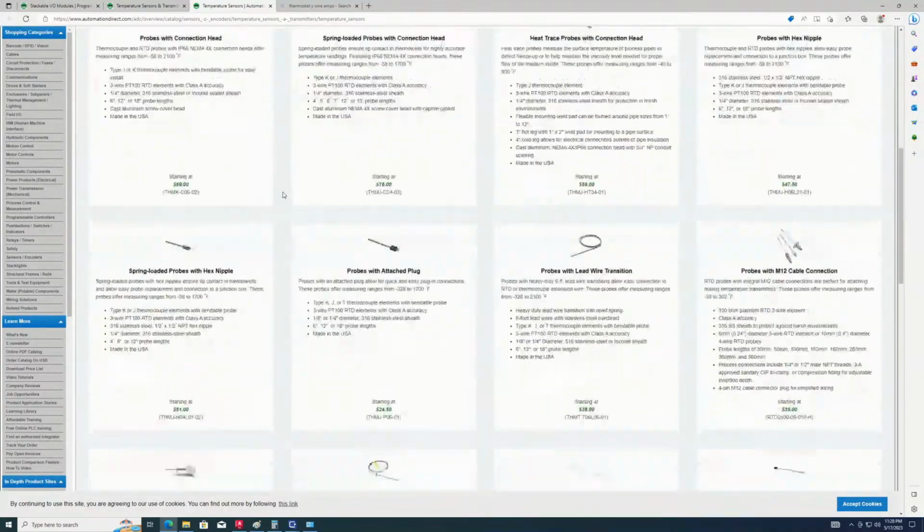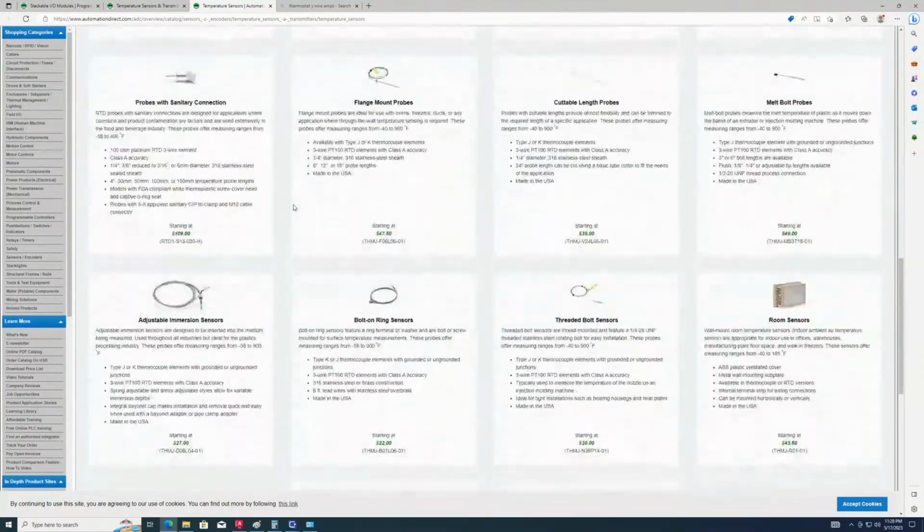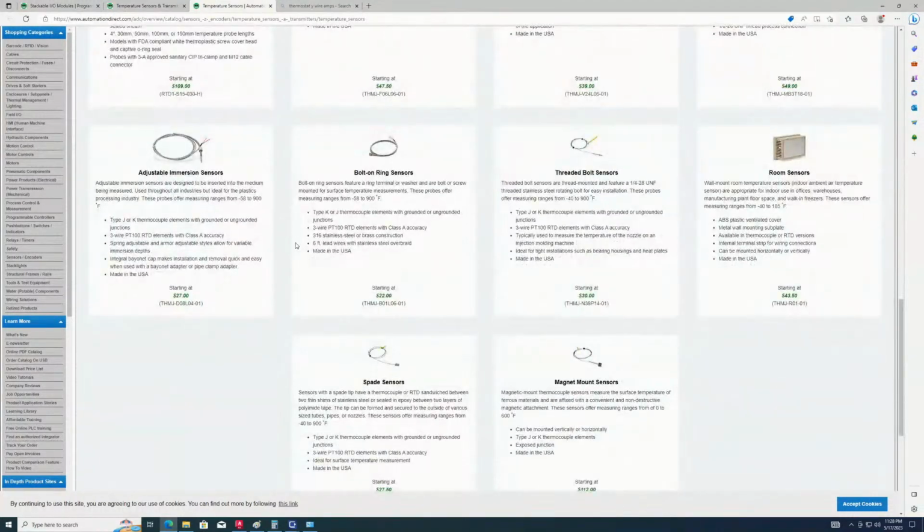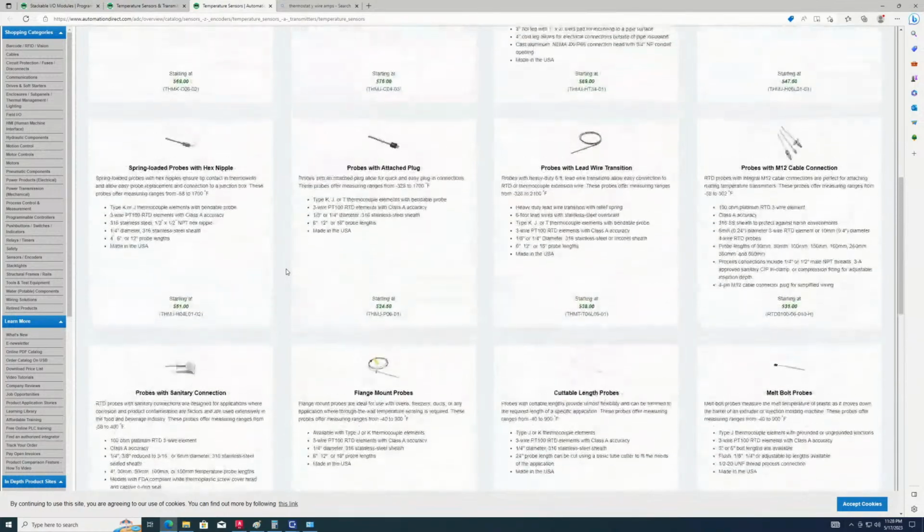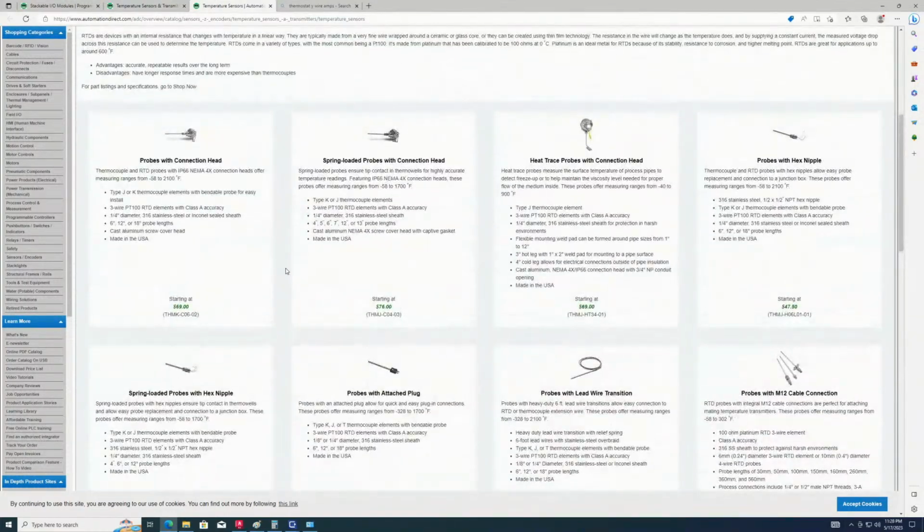Holy crap, dude! Look at all this. That's why I like this site. Probes. Okay, type. Thermowells for highly accurate.